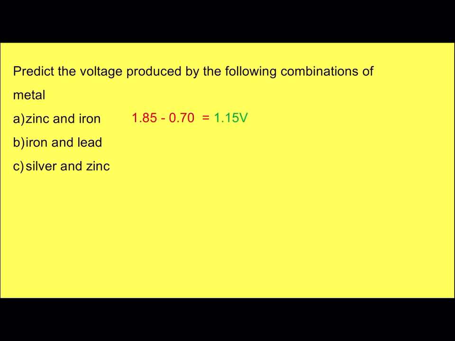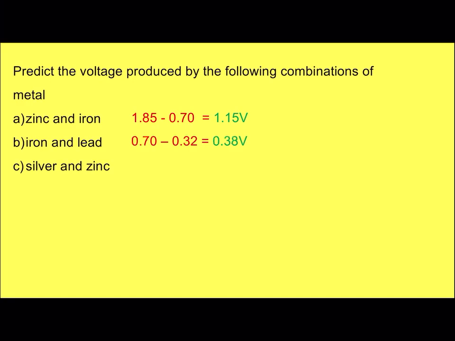Hopefully you realise it's 1.15 volts, the difference between 1.85 and 0.7. Try and work out the iron and the lead. So we'd have had the iron and the copper, which was 0.70, the lead and the copper, 0.32. The difference is 0.38 volts.